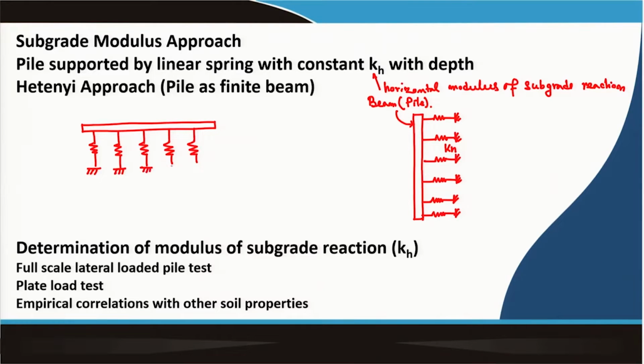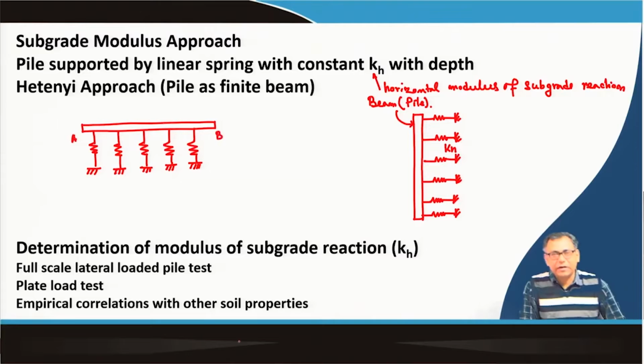I have already discussed that for different end conditions we have to consider end conditioning forces, say P0, M0 or P0A, M0A, so that the boundary conditions can be satisfied. The first condition in this finite beam problem is that both ends are free.